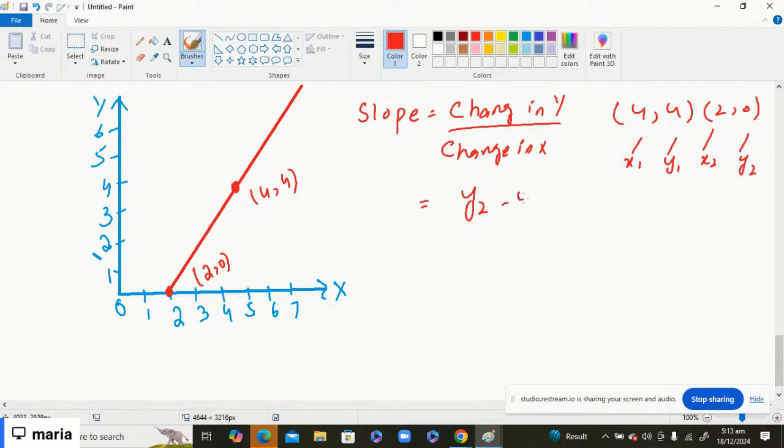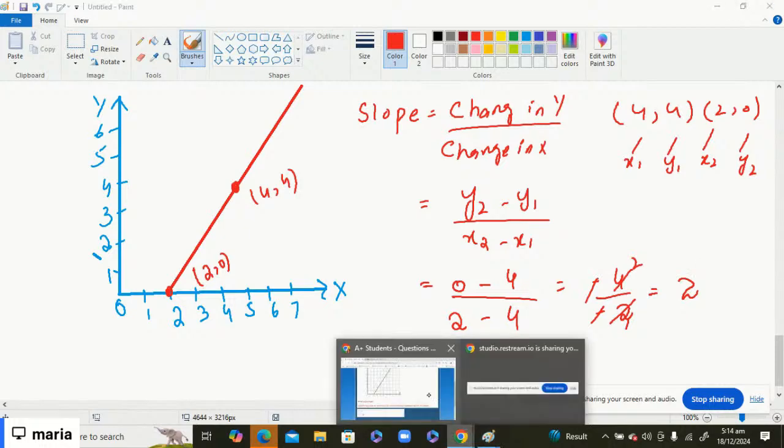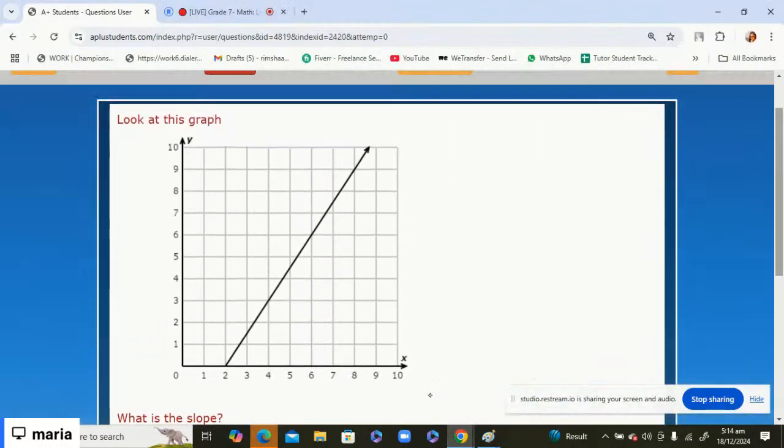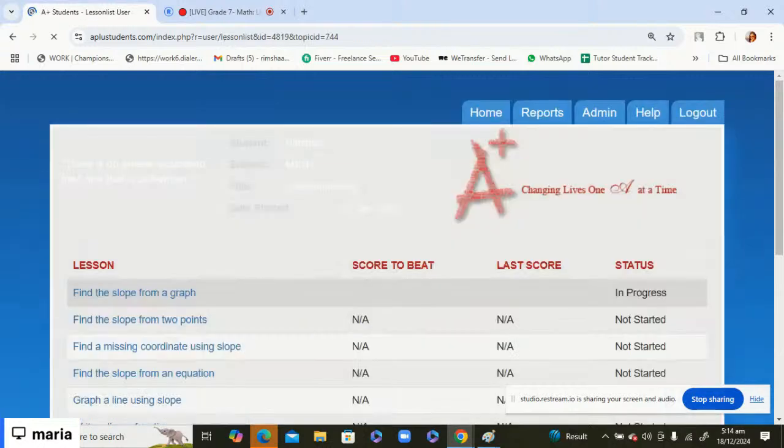So the slope is y2 minus y1 over x2 minus x1. y2 is 0 minus 4, x2 is 2 minus 4. Minus 4 over minus 2. Minus minus cancel, 2 times 1 is 2, 2 times 2 is 4. So that is 2. This is your slope. In this way, you're going to solve all the questions one by one.